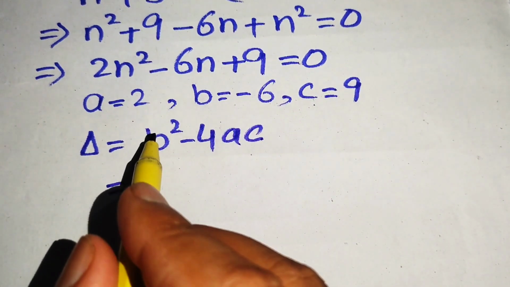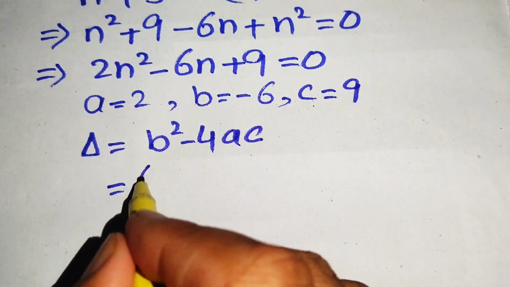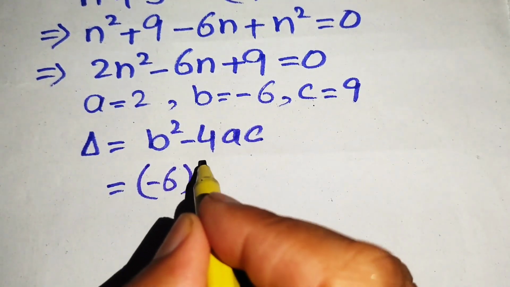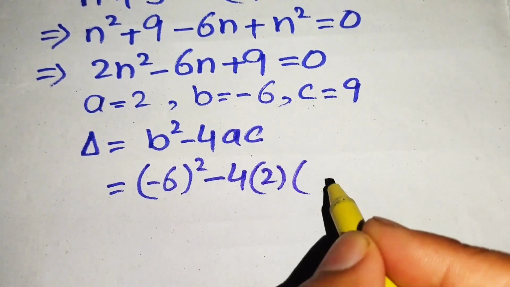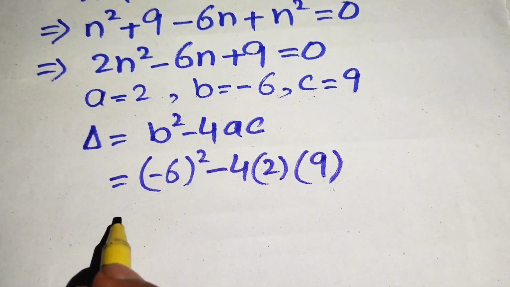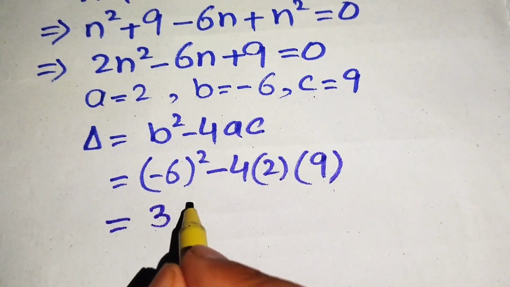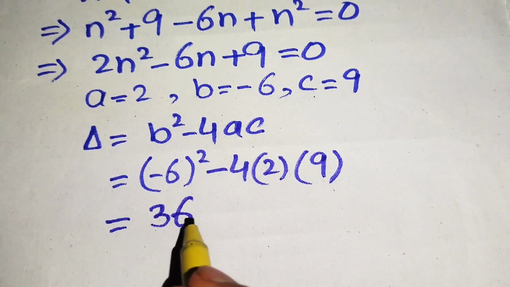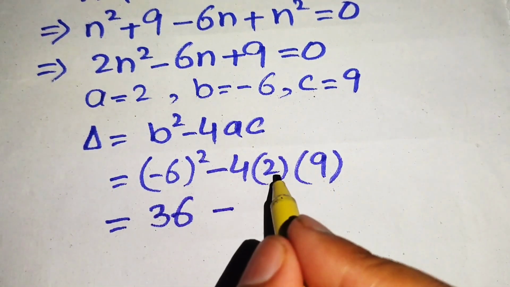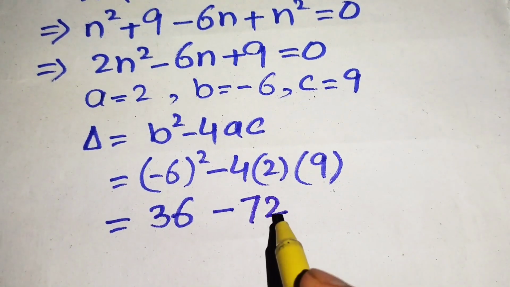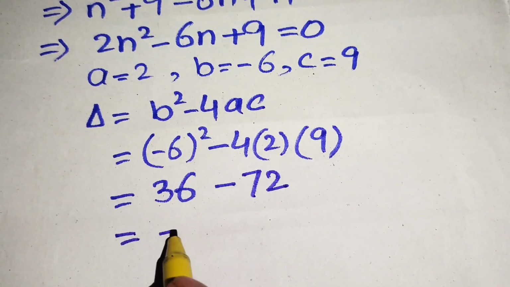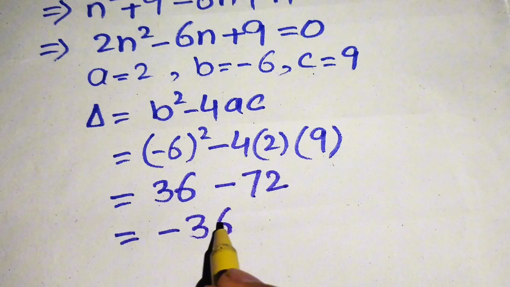We substitute the values: (−6)^2 − 4 times 2 times 9. So (−6)^2 becomes 36, 9 times 2 is 18, and 18 fours are 72, and 36 − 72 becomes −36.